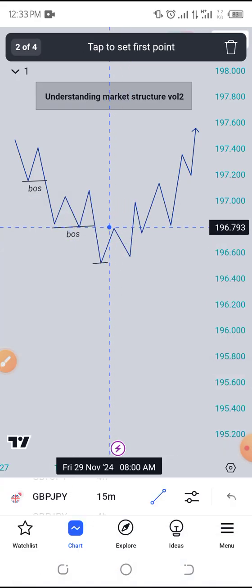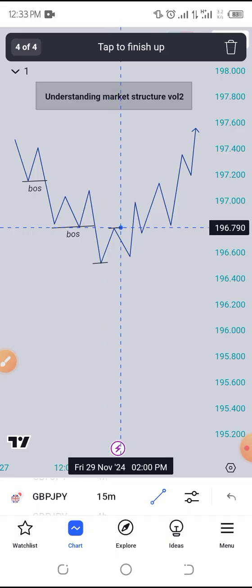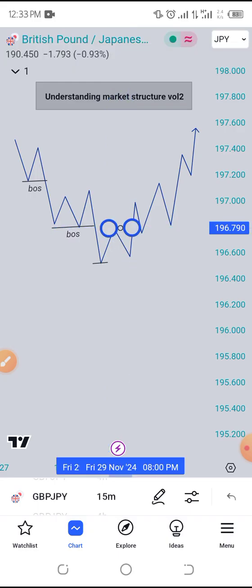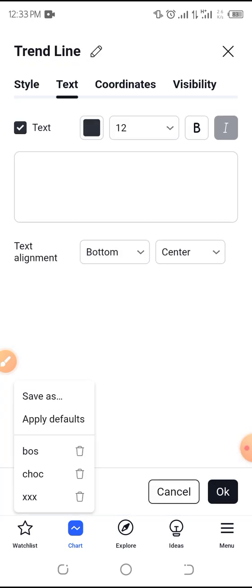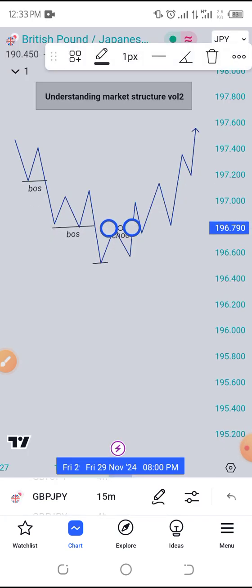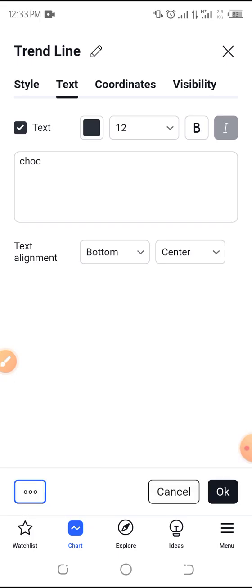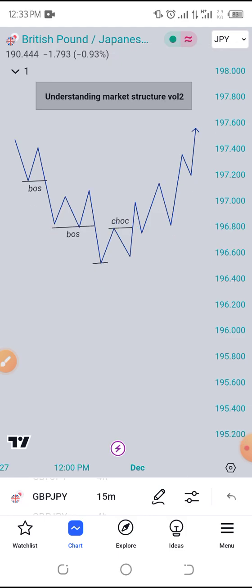This high that you see right here is our change of character. We identify it as CHOCH. That's our change of character.